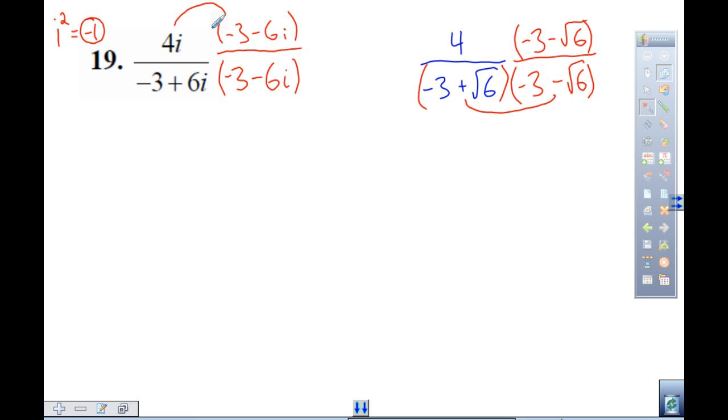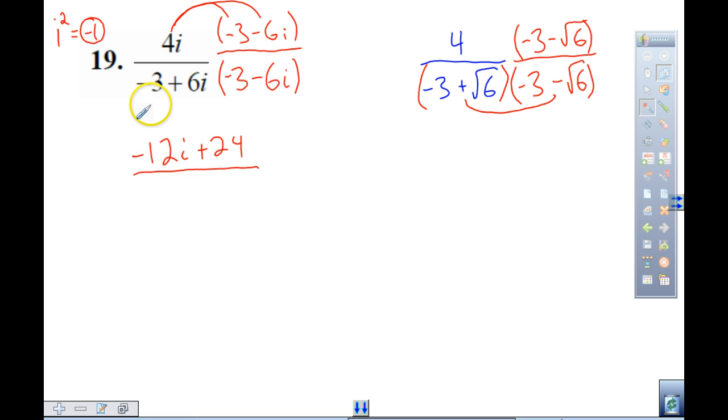So we have 4i times negative 3, negative 12i. 4 times 6, negative 24. i times i, negative 1. So that's a plus 24, right? Negative 24 times negative 1, plus 24.